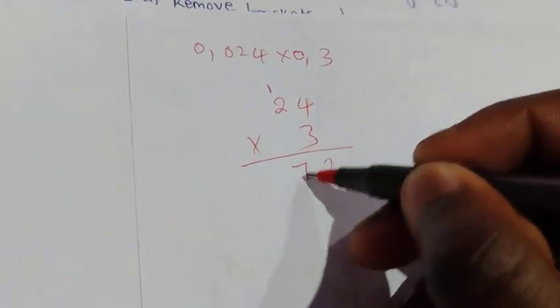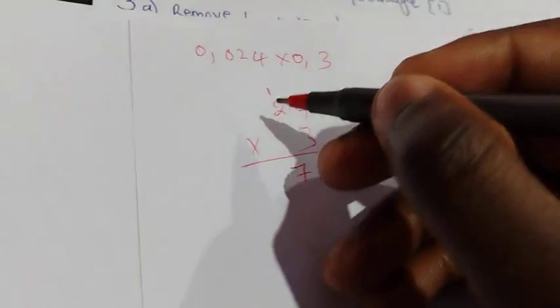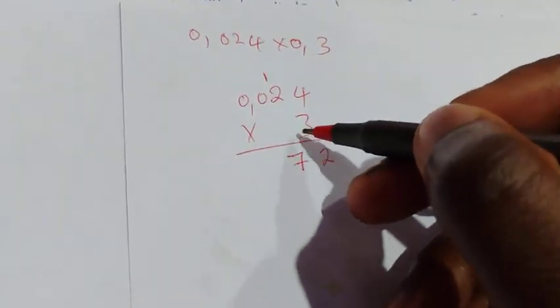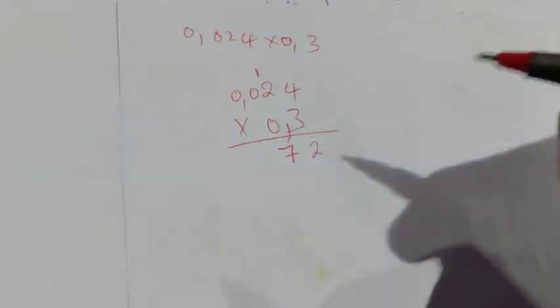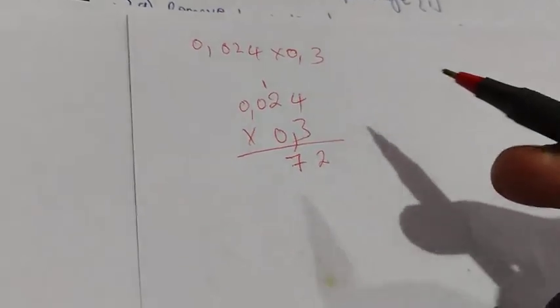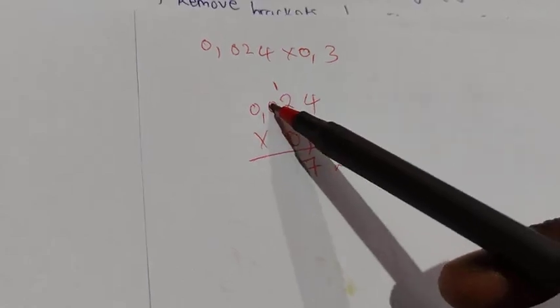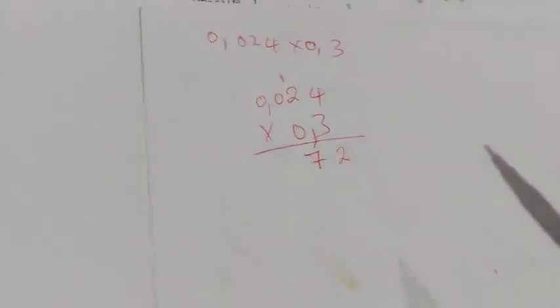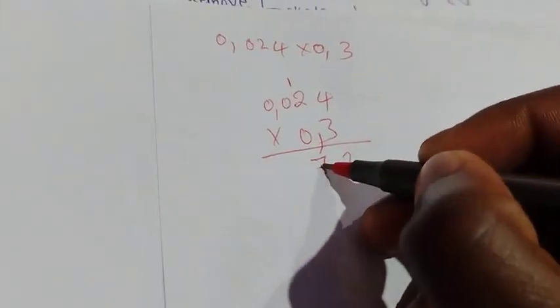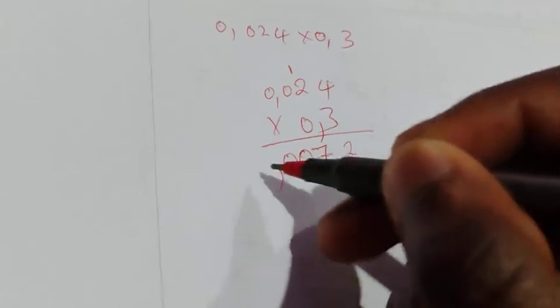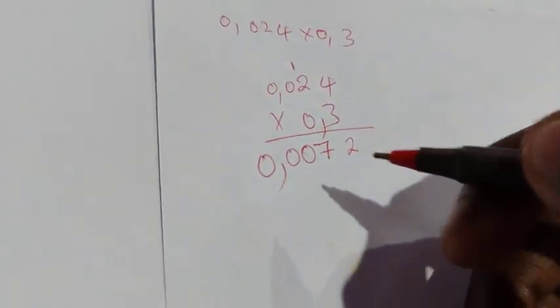Plus 1, 7. Now put back the decimals. It was 0.024. Here we put back the comma. Now let's count the decimal places, or the numbers after the comma. 1, 2, 3, 4. Now let's put them. 1, 2, 3. We put zeros, then 0.